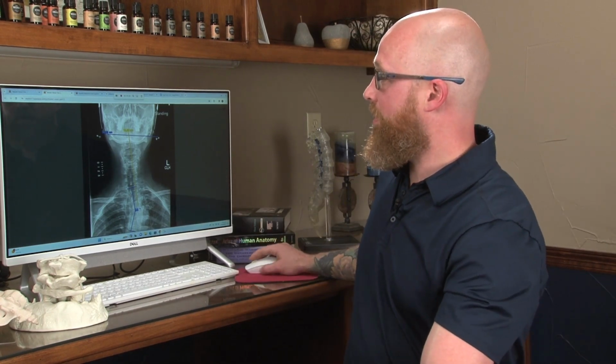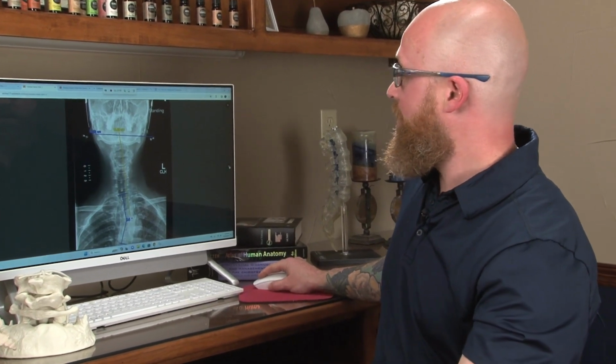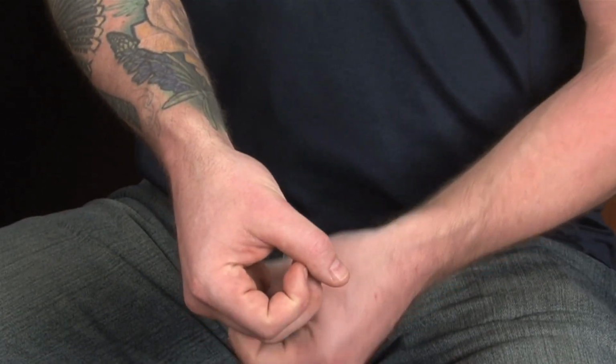Images are great for pathology, determining the current state of the spine, the level of degeneration, and anything that might prohibit your ability to do this. But we need to do specific movement tests that allow us to determine what's going on in the upper cervical spine.